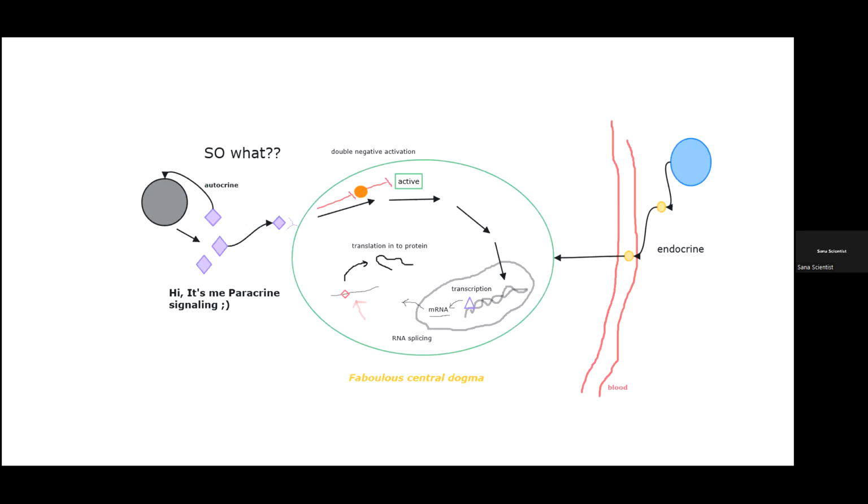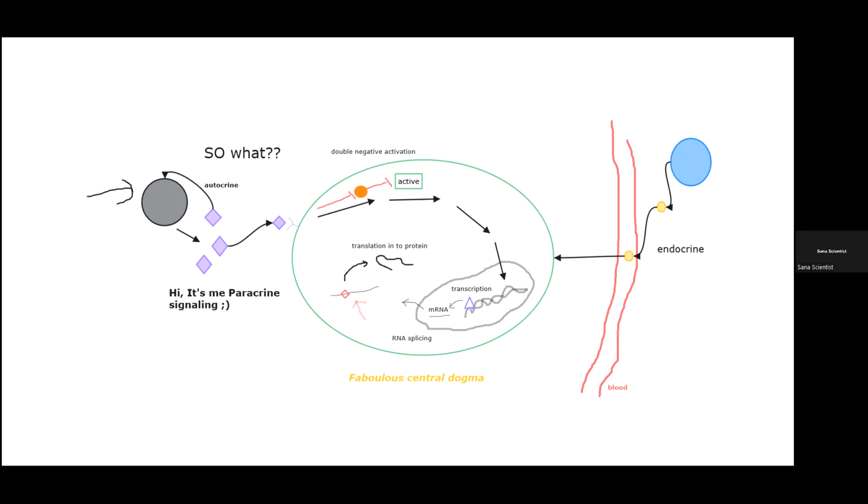But okay, so what? The whole thing that I talked about. We have the cell, this gray one, which you can see here. This is the cell which has the ligands, the purple ones. And also, I'm going to introduce paracrine signaling to you. Paracrine signaling happens when two cells are near each other.